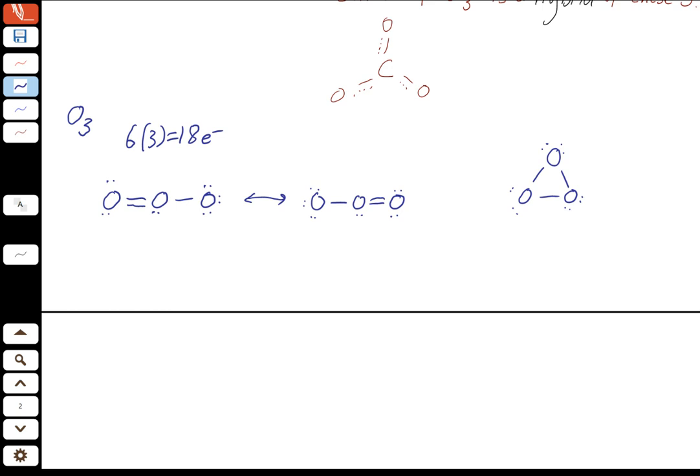So at this point, yeah, that's fine, but ultimately that's not a structure that works. So this one does fit the rules, but it is not a real structure. Also, we should say that is not a resonance form. That would be what we call an isomer, a different way of connecting the same atoms, but not just a change in electrons. Because now the atoms in that other one are connected in a different way.